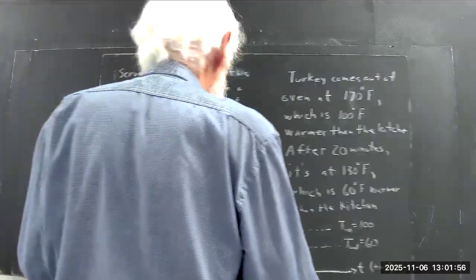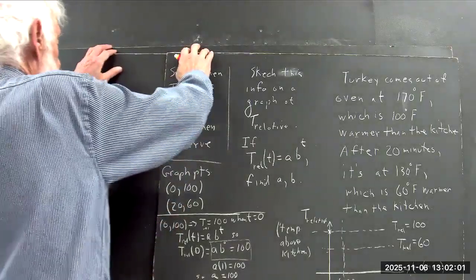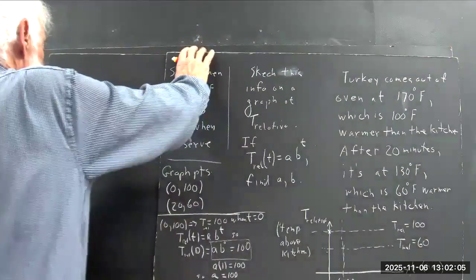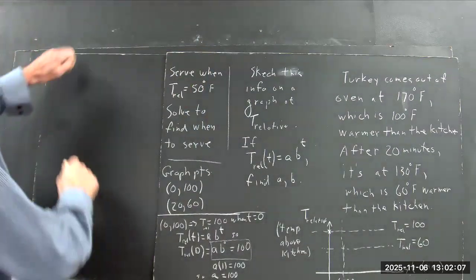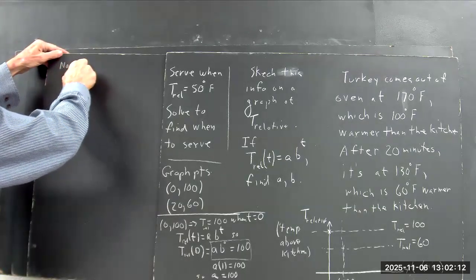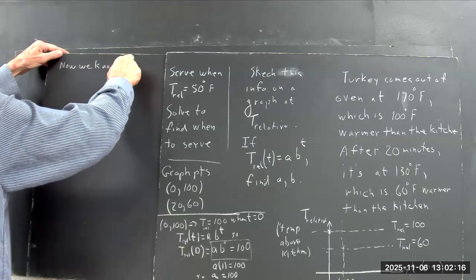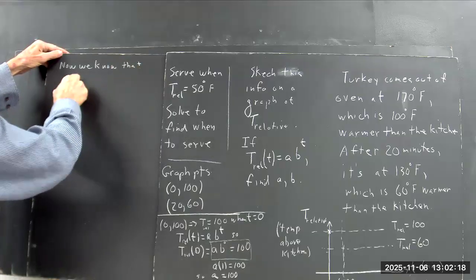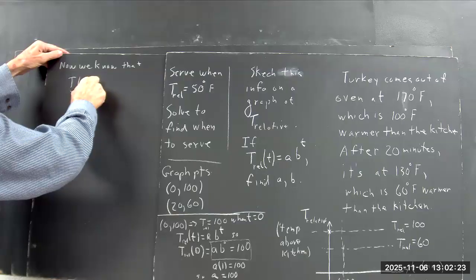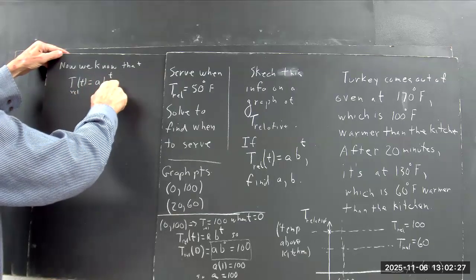All right. Well, okay, got it. All right, so we know that T relative of t equals A b to the t.